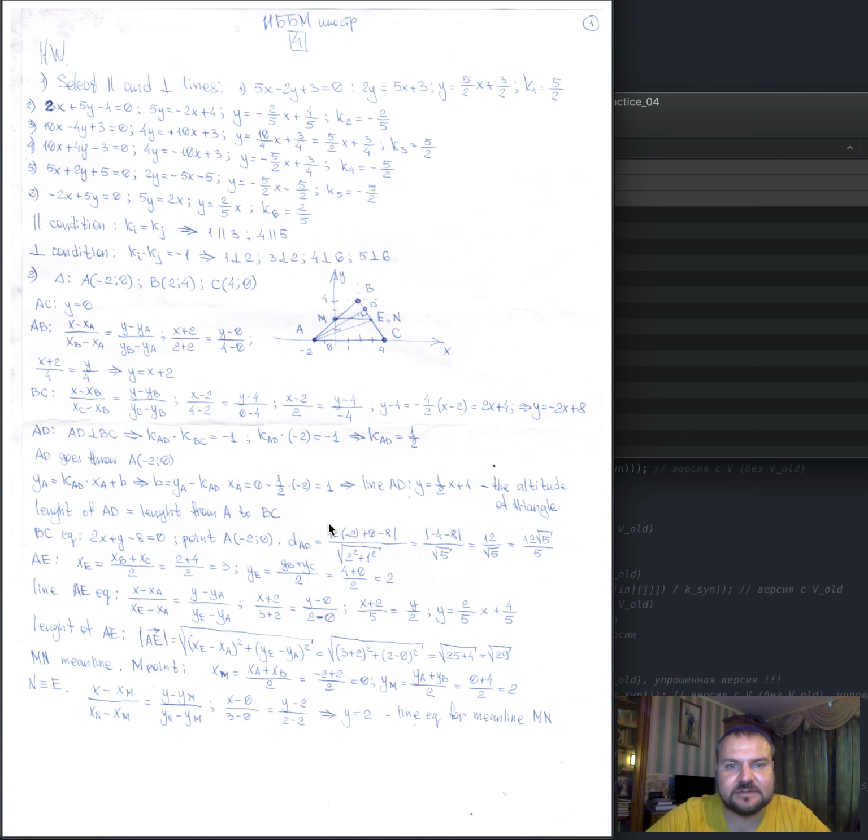So we need to put in the coordinates of the point, divided by the square root of 2 squared plus 1 squared, and then we can directly find the distance from BC to A, or in other terms, the size or the length of AD. Then AE.